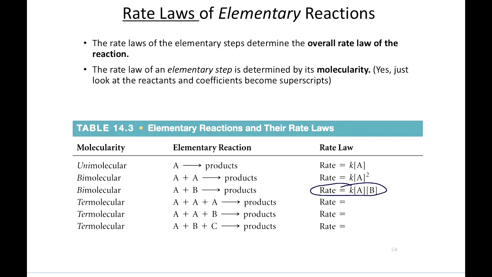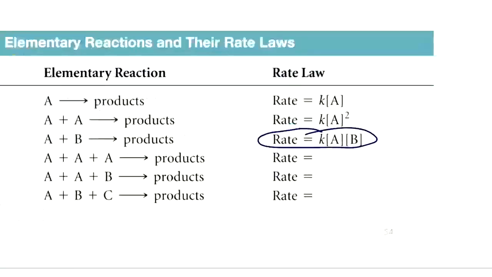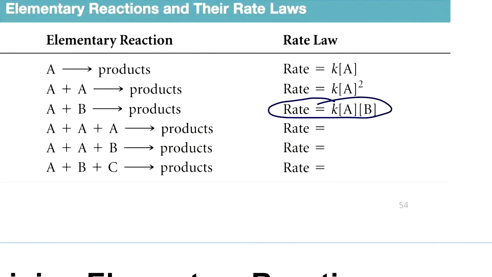And I told you termolecular reactions aren't very common, but let's get the rate laws for these last 3. What would the rate law for this one be? It would be A to the 3, because there are 3 A reactants. Did the products matter here? No, they never did. Products never mattered for rate laws. It's always the concentration of the reactants, the things that are combining, that determine the overall rate of a reaction.